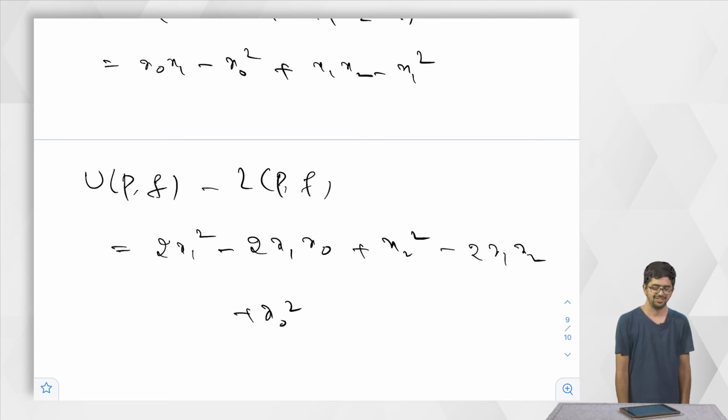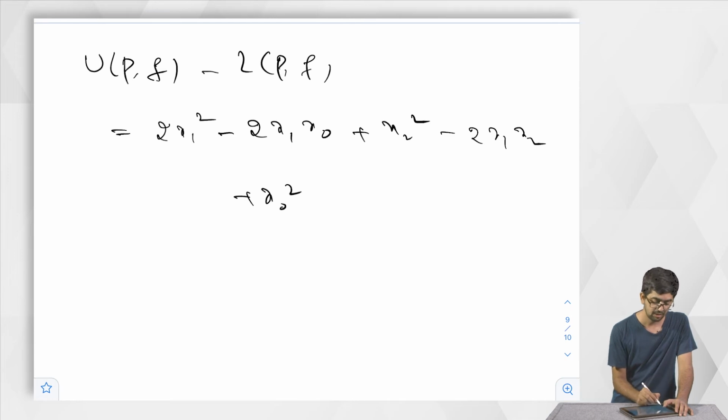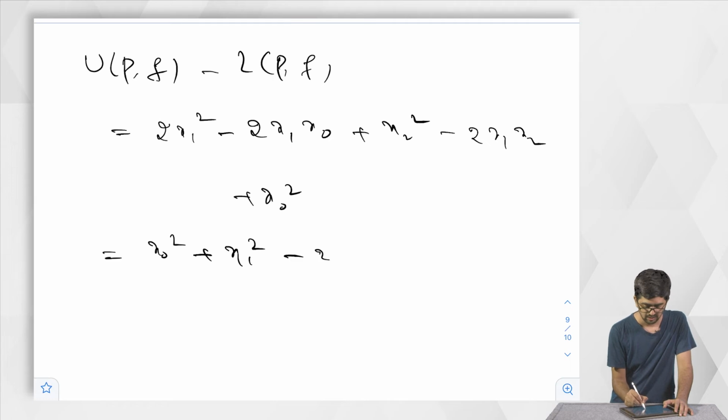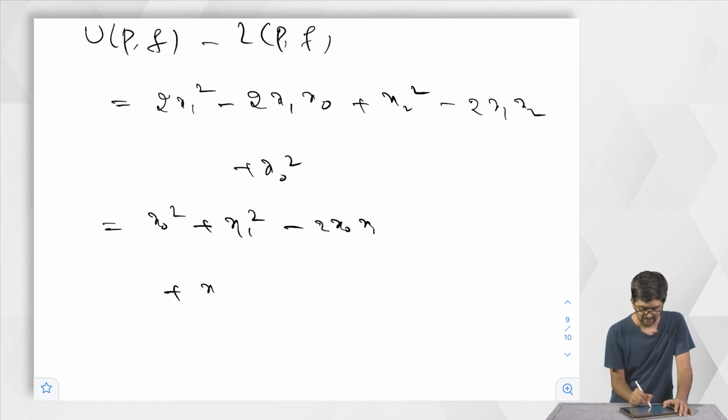Now observe some nice thing that is happening here. One can split this into the following: x0 square plus x1 square minus 2x0 x1 plus x1 square plus x2 square minus 2x1 x2.